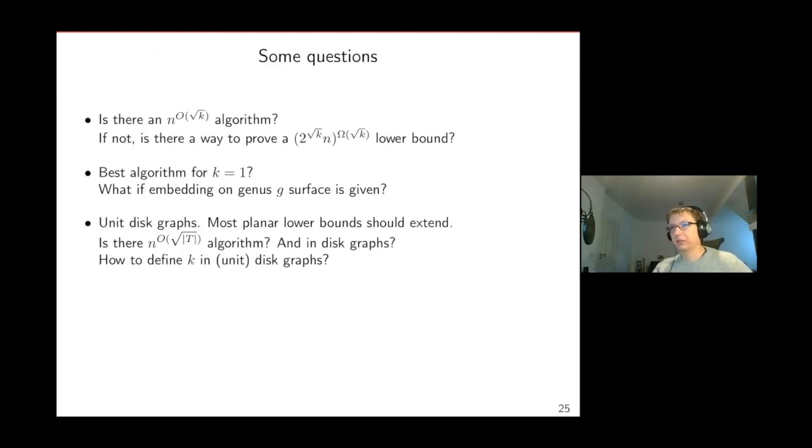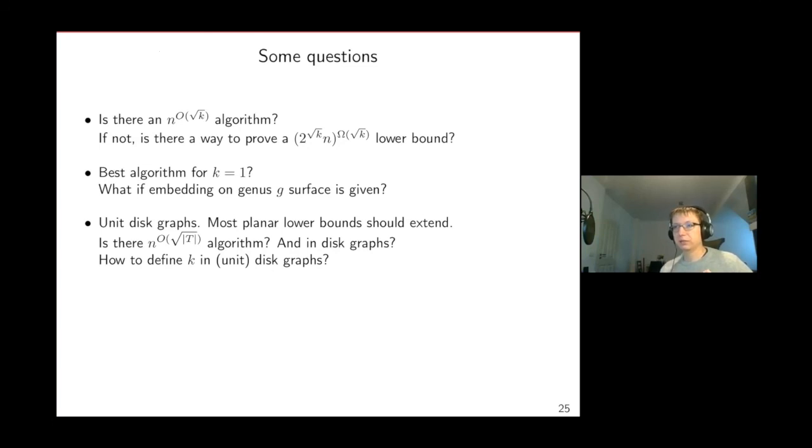Okay, question number 3. I really like unit disk graphs. They are the siblings of planar graphs. And I actually believe that most of the planar lower bounds that we have should also extend into this unit disk setting. But on the algorithmic side, it's much less clear what we can bring there.